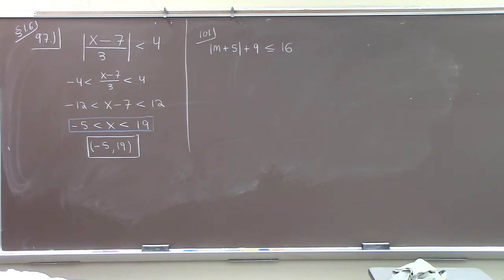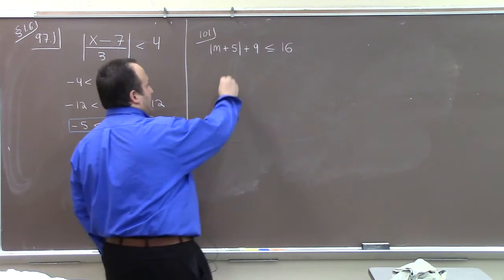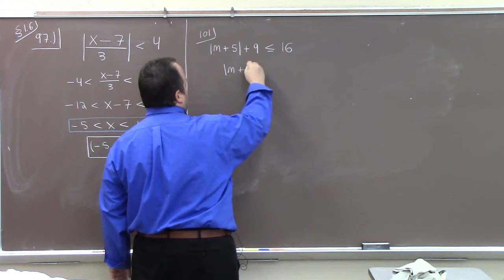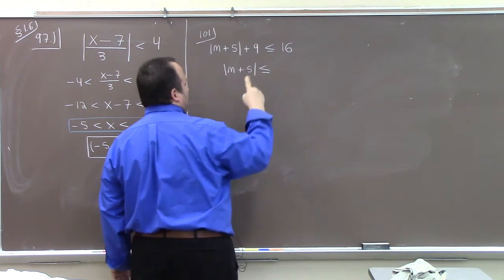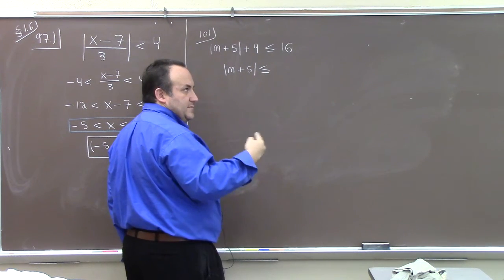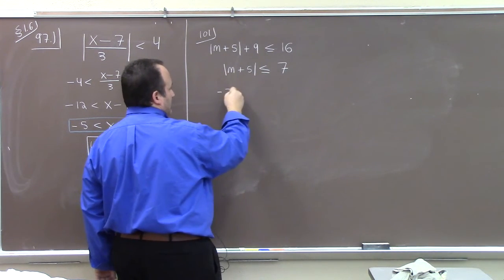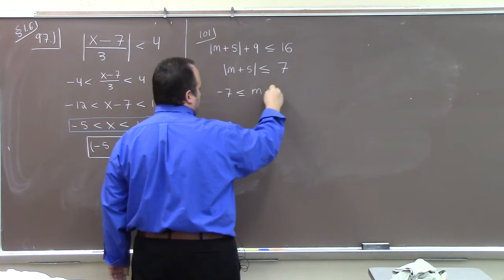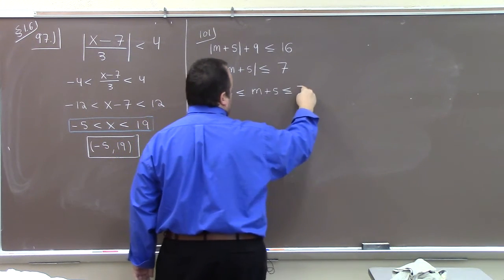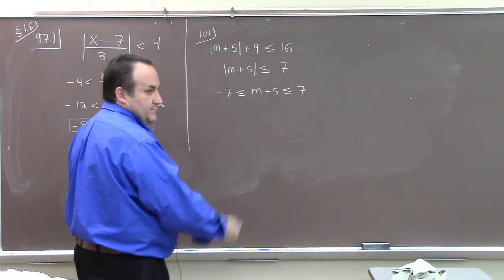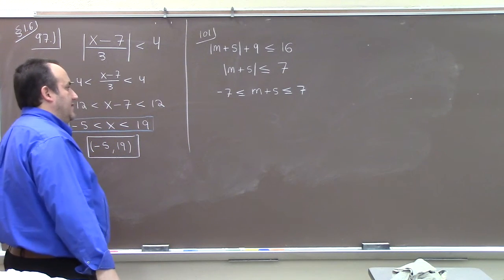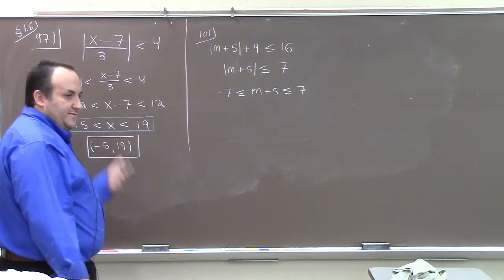The first order of business here, which we haven't even faced in most problems we've worked, is that we want to isolate the absolute value so we can use the theorems. So this is the absolute value of m plus 5 less than or equal to 16 minus 9, which is 7. Then we go: minus 7 less than or equal to m plus 5 less than or equal to 7. And then what? Subtract 5.